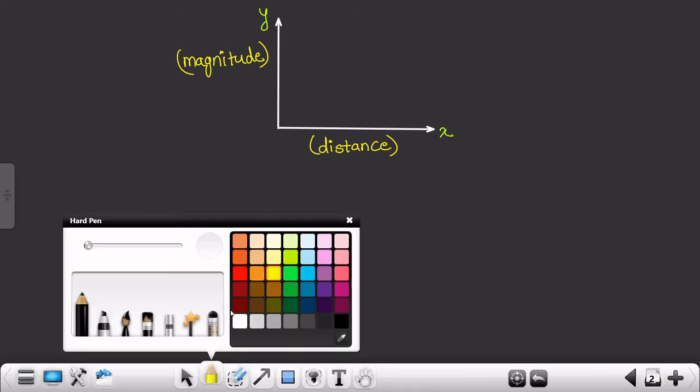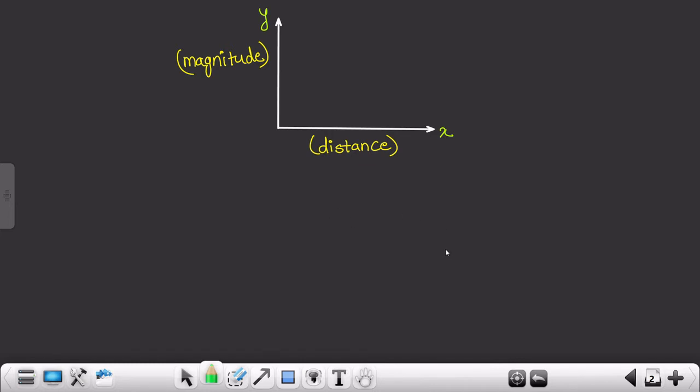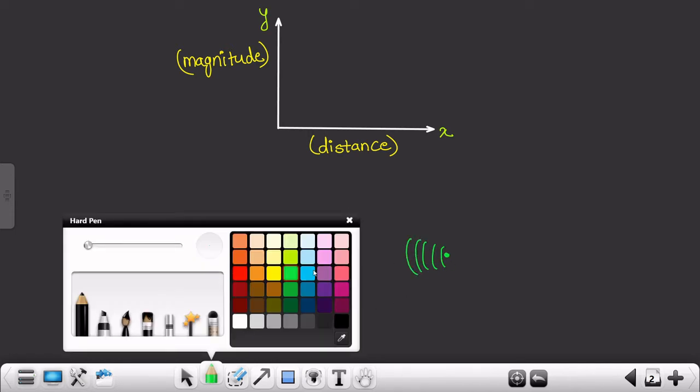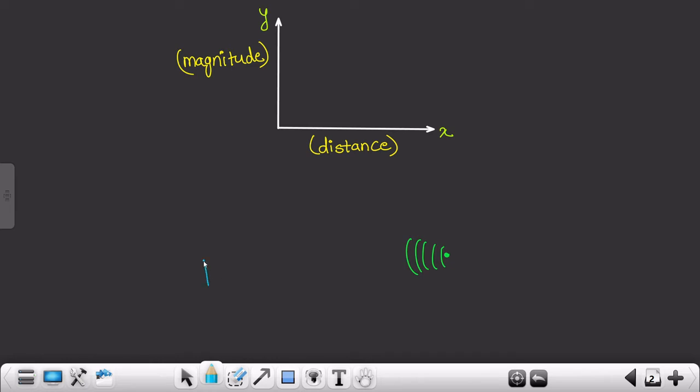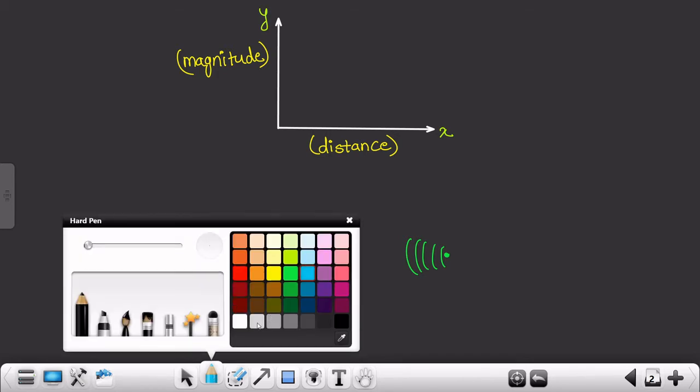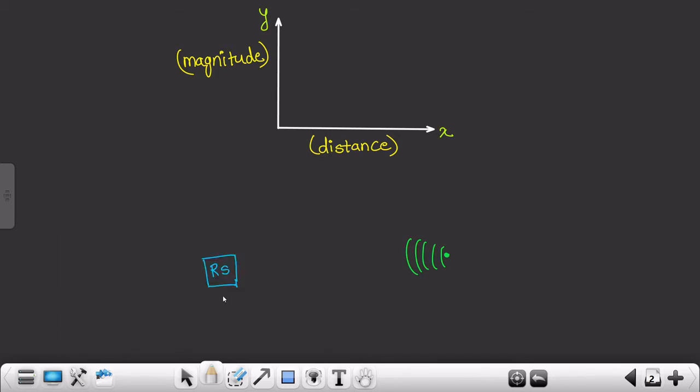Let's suppose this is your earthquake originating somewhere over here, and this is your Richter scale, the instrument used to detect the earthquake. The distance between both of them, from here up till over here, we are plotting on the x-axis.